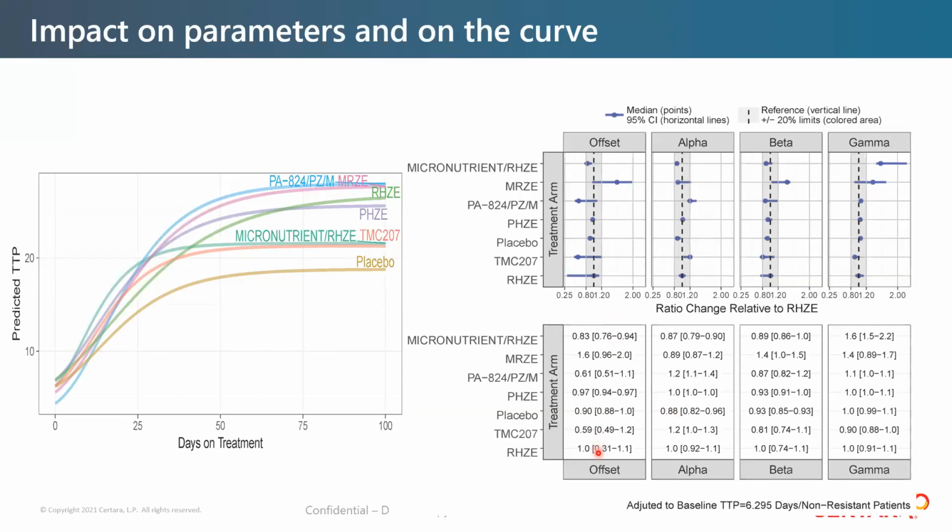Looking at the effect on alpha, beta, gamma, and offset can be interesting, but I can make more sense of it when I look at the impact on the curve. So the message here is: don't forget to also show the impact in multiple angles, multiple ways. It's good to see the effect on parameters, but also on the curve. It's very interesting.